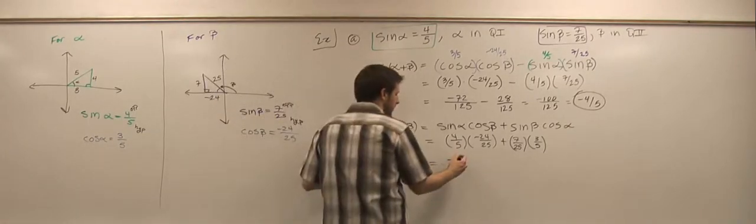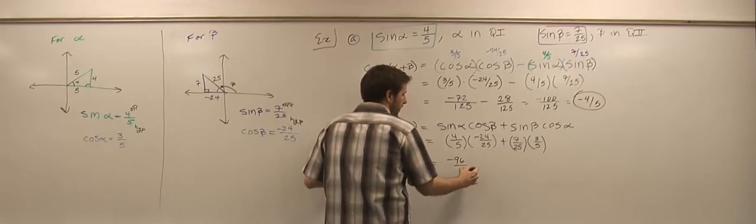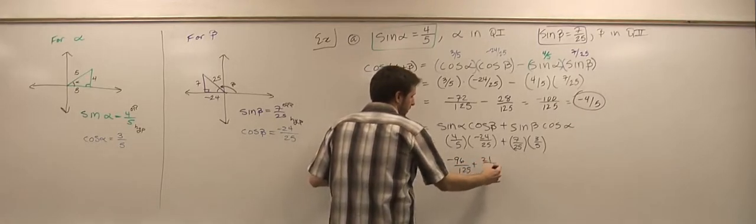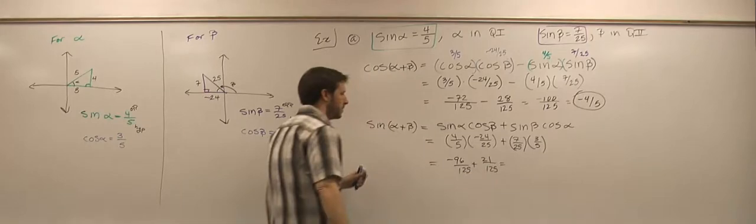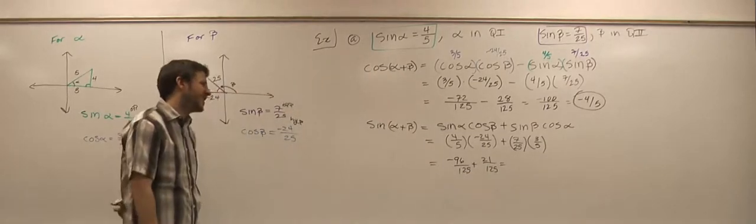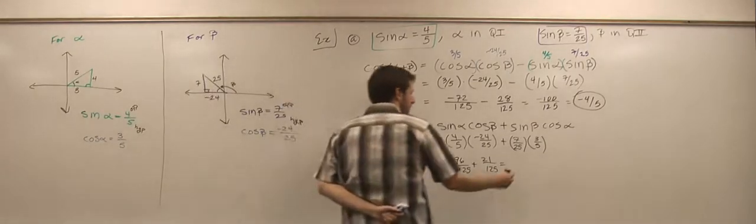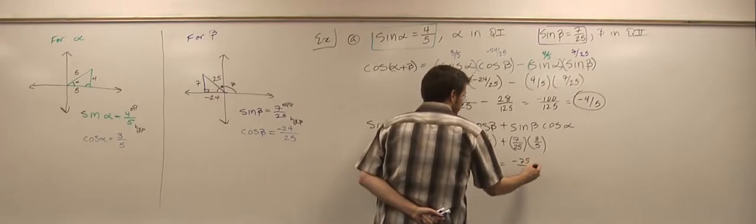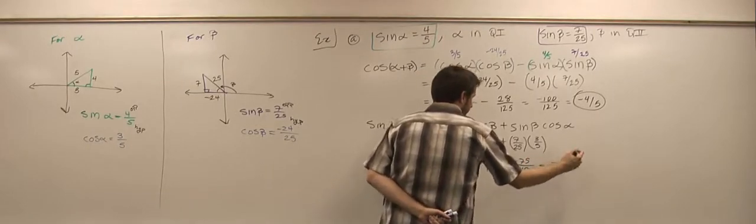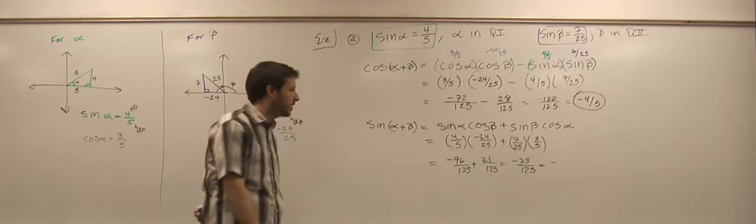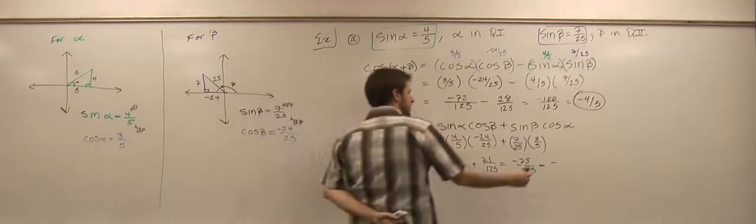Negative 96 over 125 plus 21 over 125. Negative 75 over 125, it looks like. Reduce: negative 3/5.